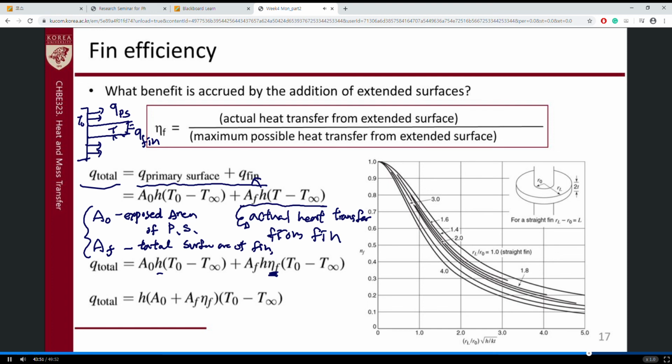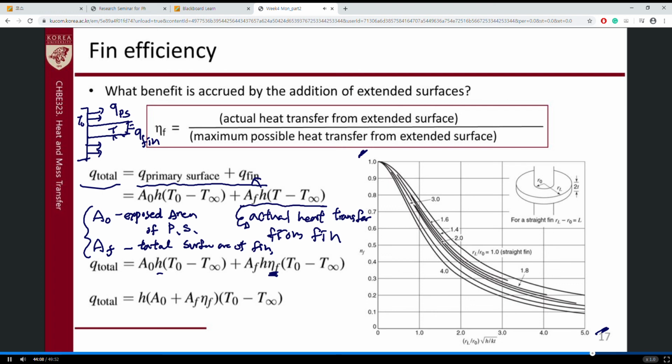Right, okay. So this graph exhibits an example of the fin efficiency depending on the ratio R_L over R0.